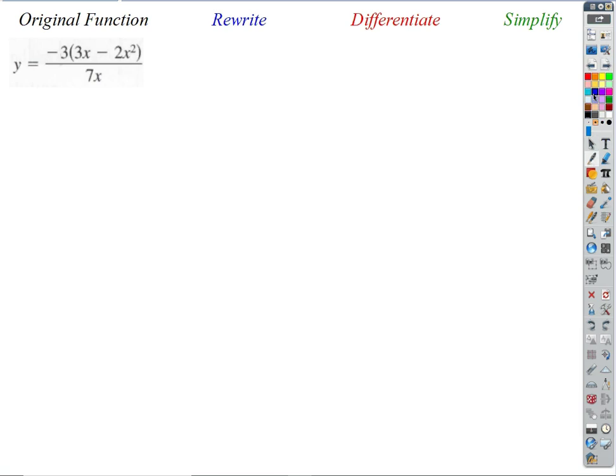I'm gonna get negative 9x over 7x. What's that? Negative 9/7 is the first term. What about the second term? I'm going to get positive 6x squared over 7x. 6x.